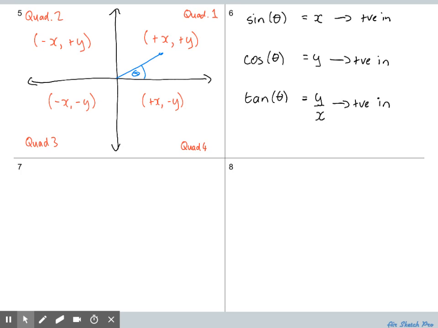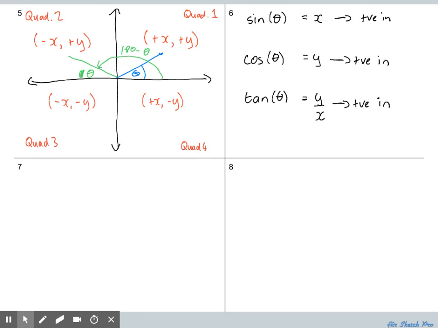But if I then look at an angle over here, like so, this would be an obtuse angle taken from the x-axis, and we would have the same angle in here. So this would be 180 minus theta, and this angle would be theta here.